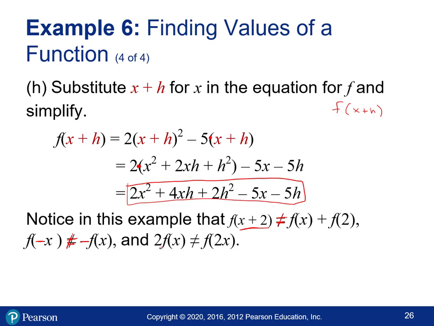And then again, similarly, 2 times our function was not the same as saying 2 times x and plugging that into our function. And so I want you to notice that these rules that you might think, like, oh, I can just split this up. f of 1 plus x is the same as f of 1 plus f of x. No, not the case. Okay, so we're showing these are not true. So that's why we work these out.